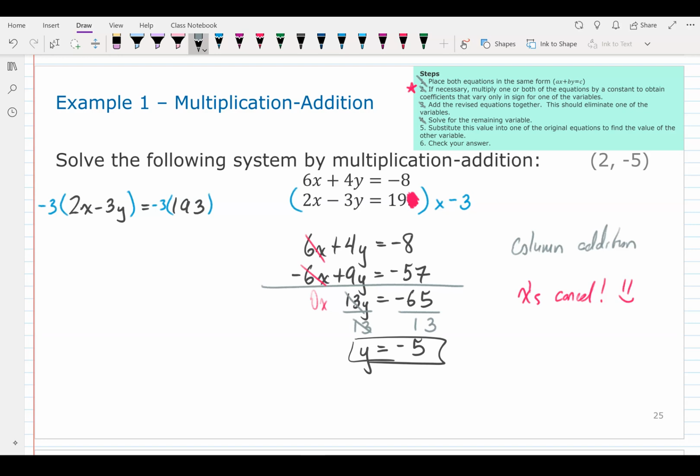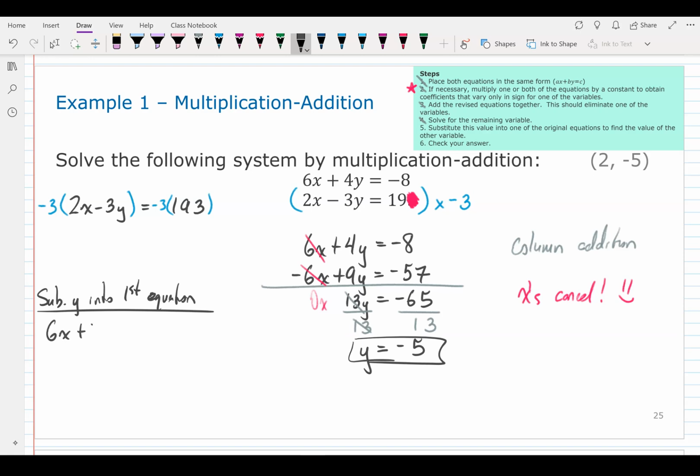Now we have to substitute this value into one of the original equations. So take the first equation or take the second equation. It really makes no difference. I'm just going to take the first equation. So you're going to sub y into the first equation. Let me be crystal clear here. It does not matter which one you sub into. It makes no difference. It'll work both ways. I'm just choosing the first one because it's the first one I see.